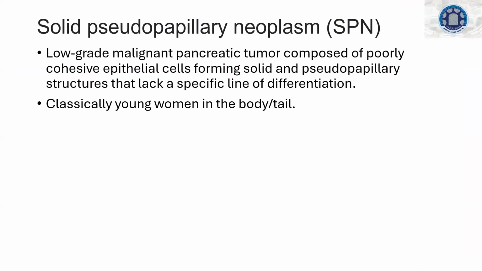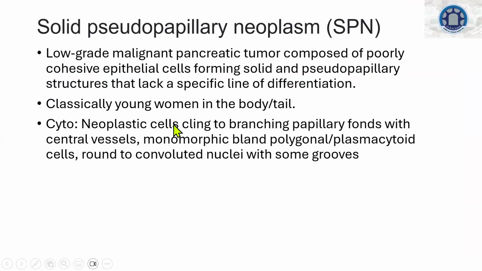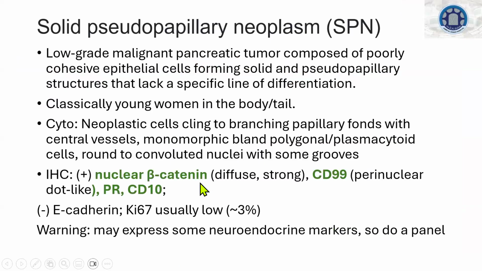This is beta-catenin. So it's a low-grade malignant pancreatic tumor composed of poorly cohesive cells forming solid and pseudopapillary structures. Again, history: young women, body or tail. And you see these neoplastic cells cling to branching papillary fronds with central vessels, monomorphic nucleus, and nuclear beta-catenin, and usually one immuno is enough for this.